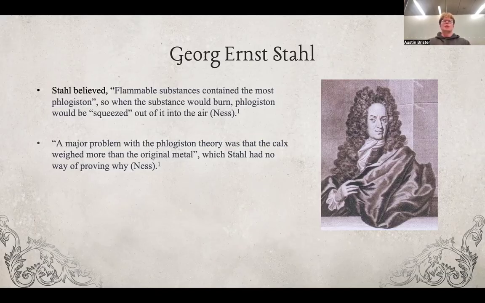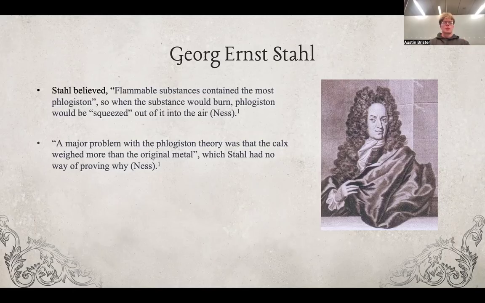People at his time, including him, did not know that oxygen existed or that hydrogen existed. So his theory was based off of oxygen, although he did not know this. So he called it phlogiston.